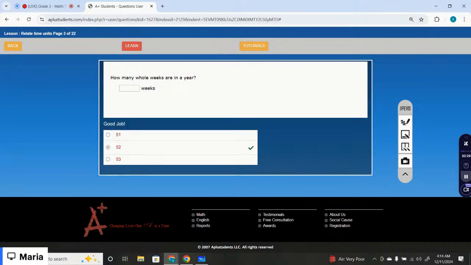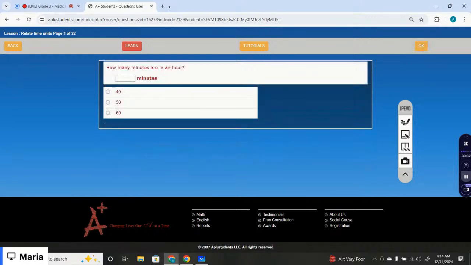The correct option is 52. 52 they are. How many minutes in an hour? 60 minutes in an hour. The correct option is 60 minutes.